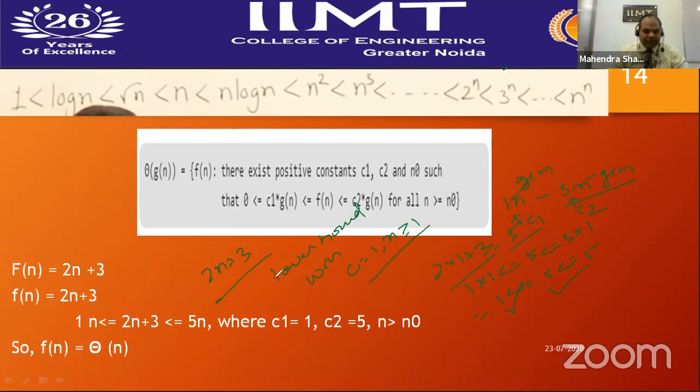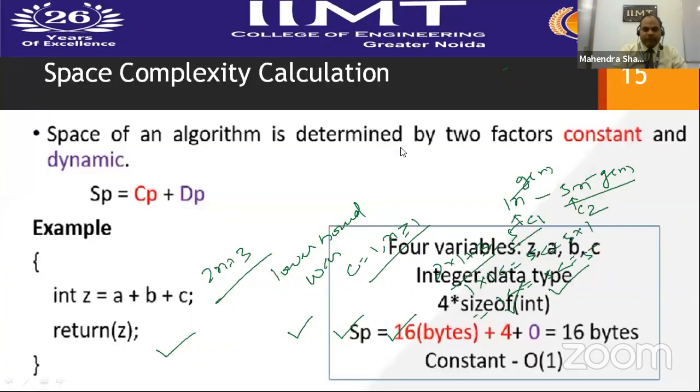So we can say yes, for c1 equal to 1, c2 equal to 5 and n greater than or equal to n0, f of n is equal to theta of n. So let's move to the next slide.